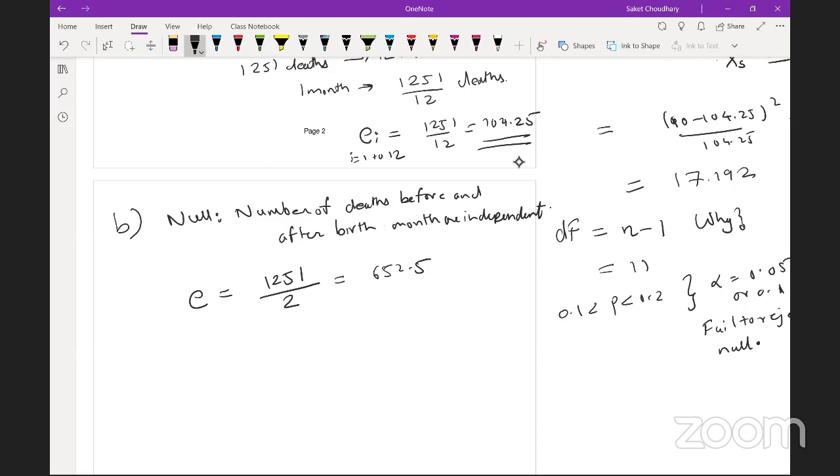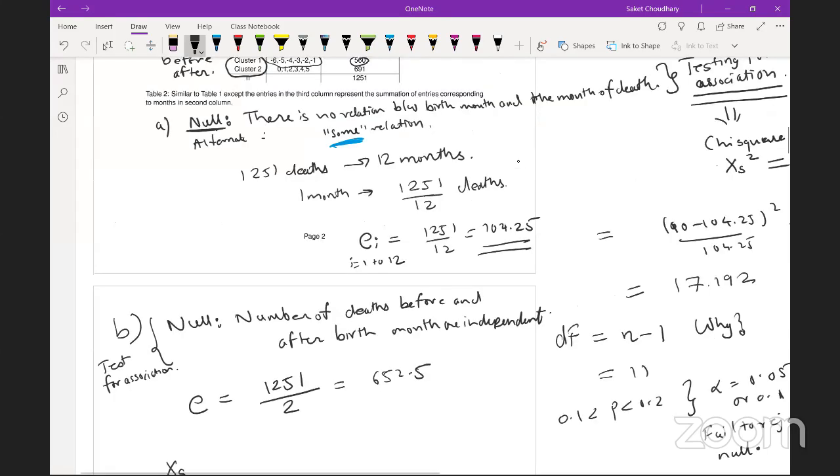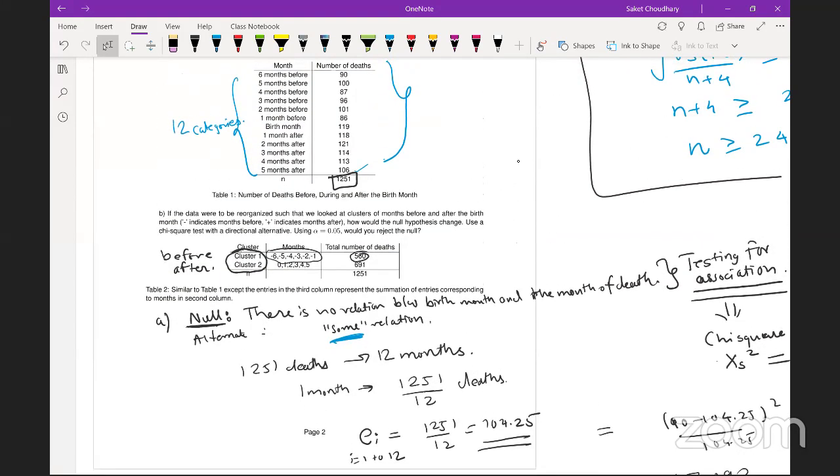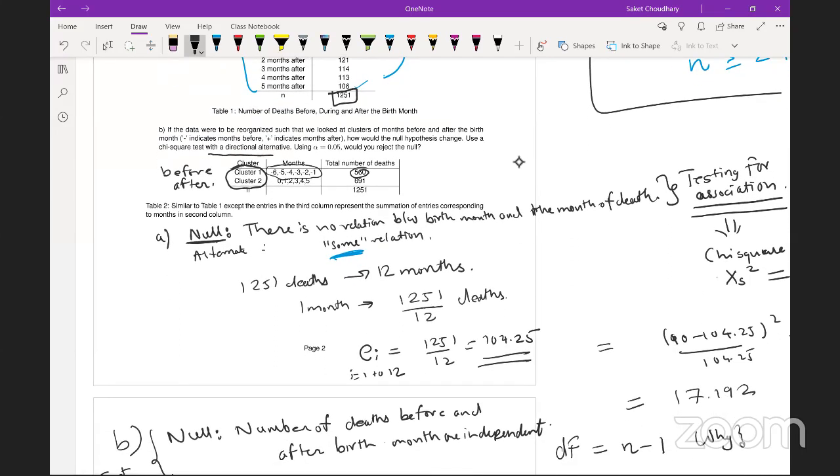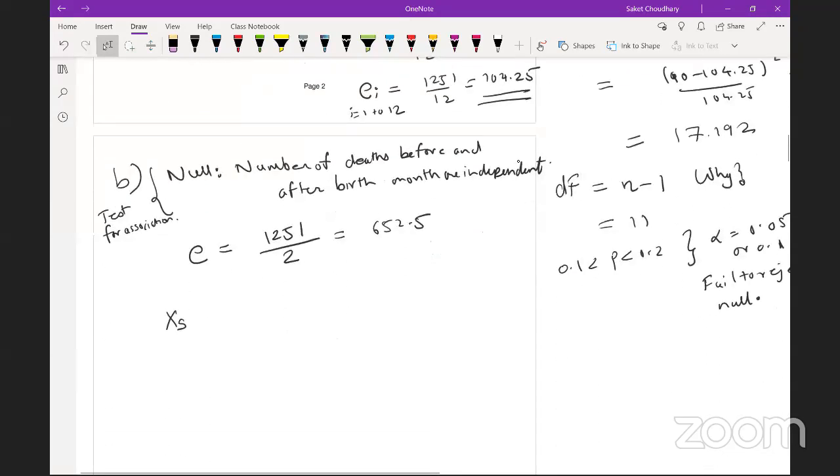Now we still do the chi-square test because this is still a test for association. There's one more thing. We're going to work with the directional alternative in this case. The directional alternative is that we are interested in more people ending up dying after their birth.